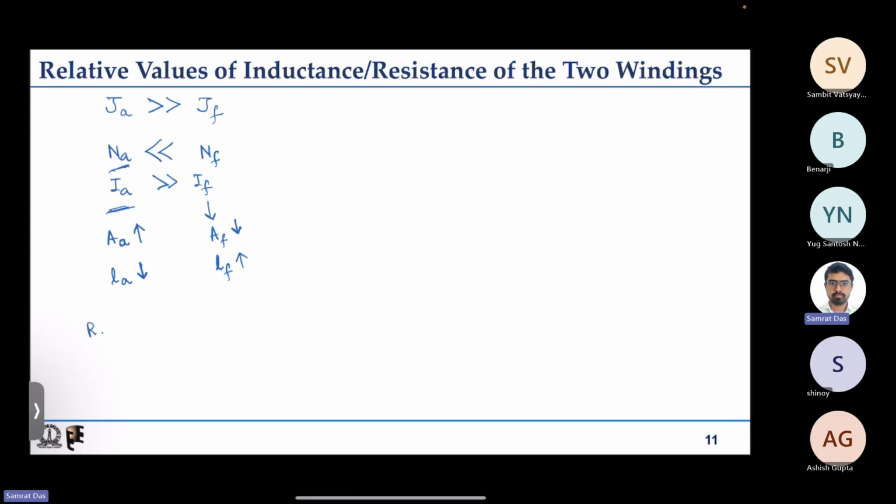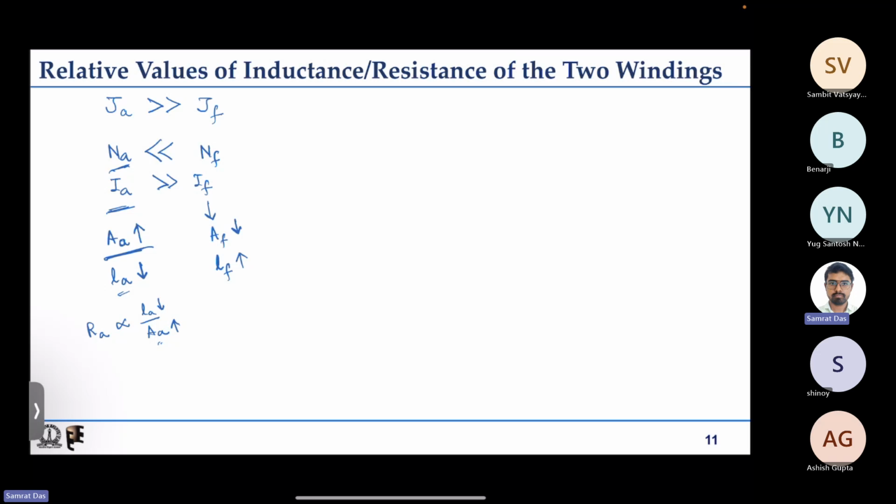Now what does this tell you? Armature winding resistance is proportional to LA by AA. So for armature winding, the cross sectional area AA is quite big and LA is quite small.